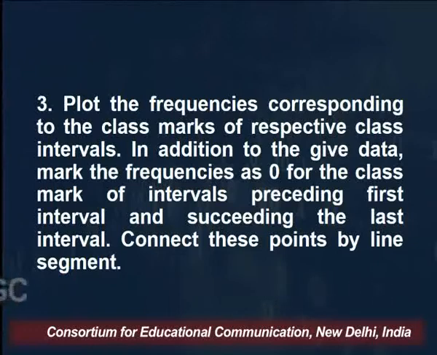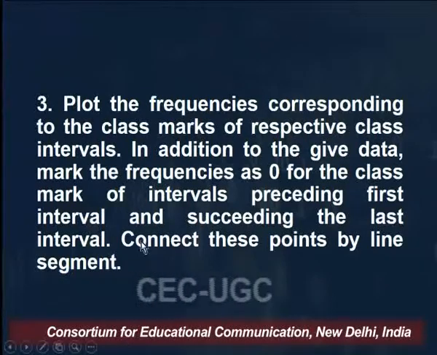So, when we consider the interval 115 to 120, that frequency we will mark as 0. Similarly, when we consider the class mark corresponding to the class interval 155 to 160, that also we will mark as 0.